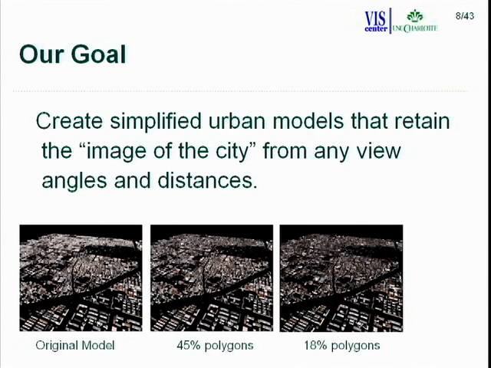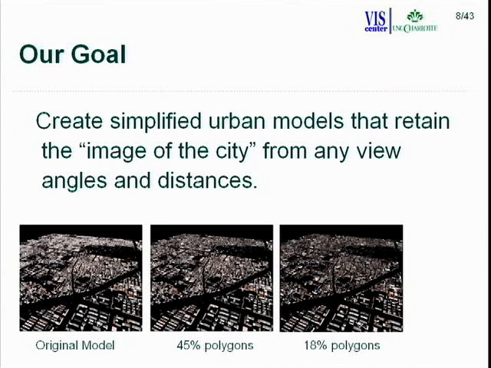And to simplify this, let me just state our goal for this project: to create simplified urban models that retain the image of the city from any view angles and distances. As an example of what we get, you see the original model on the left. The middle image shows the model having been reduced to 45% of the polygons, and the last one is 18%. You see a little bit of a dimming effect when it goes from original to fewer polygons.